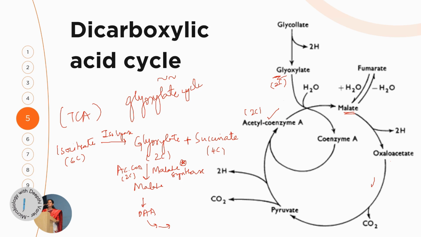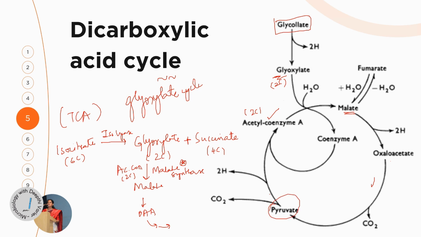From pyruvate we can either get glucose or it gets into the complete breakdown. It differs in each pathway. But what you need to remember here is that we are trying to use a 2-carbon compound, which is glycolate, and then trying to assimilate it into the body of the cell or the organism. So the glycolate here either forms carbon dioxide, or it gives you pyruvate, which then forms glucose by gluconeogenesis.